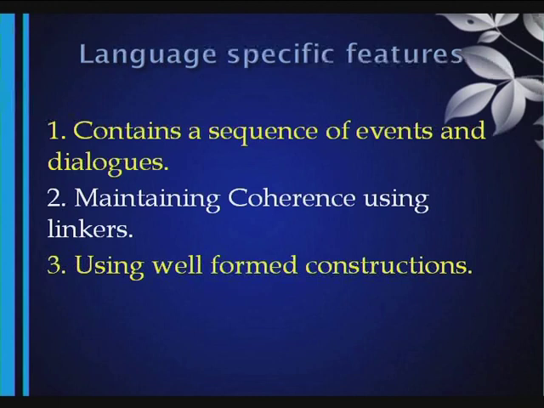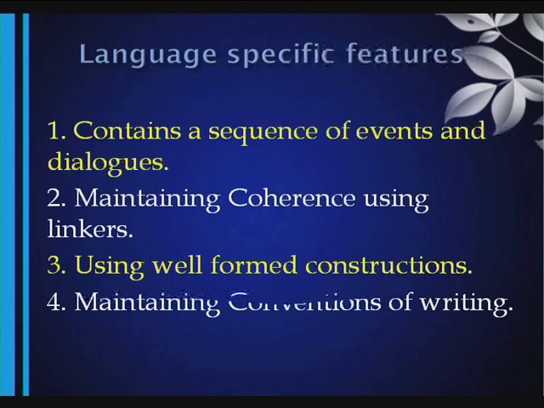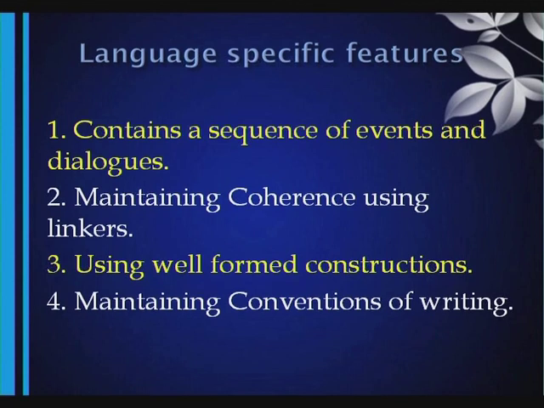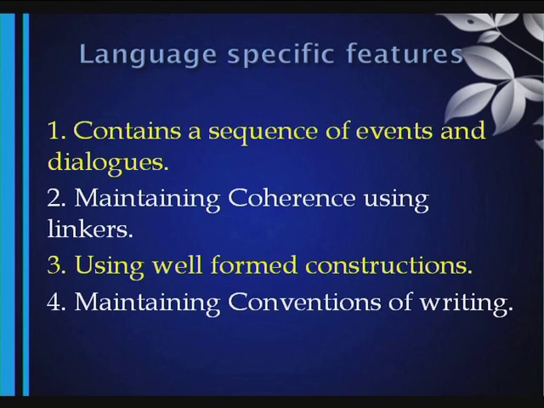Using well-formed constructions. It means that your sentence construction should be proper. 4. Maintaining conventions of writing. It means that you need to write the capital letters at the beginning of the sentence, put a full stop at the end of the sentence, and see to it that your full stops, commas, capital letters are perfect according to the conventions of writing in English.